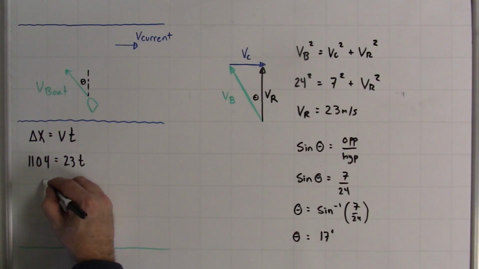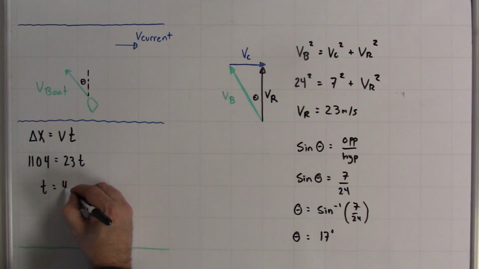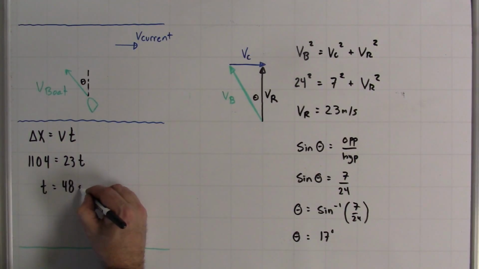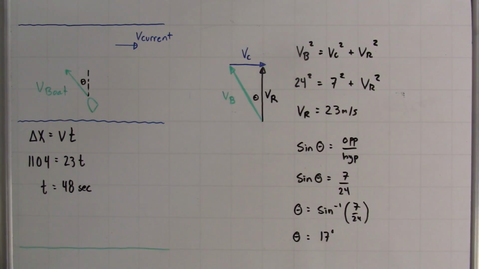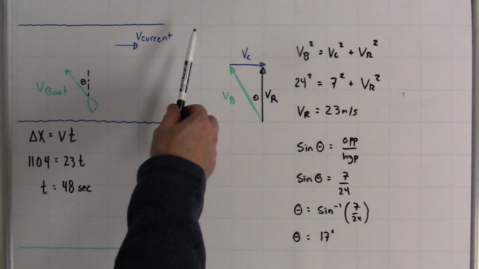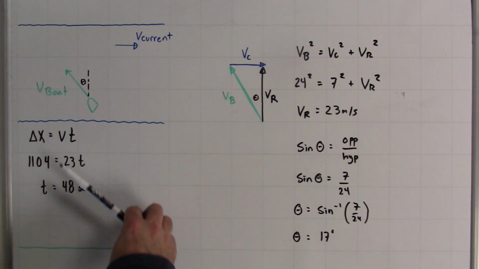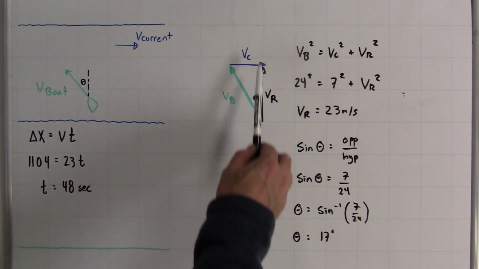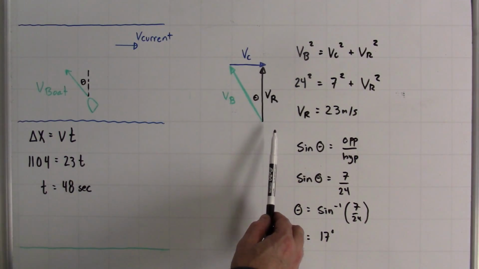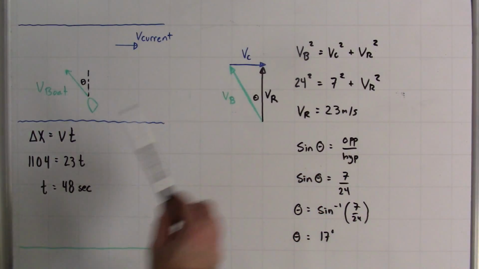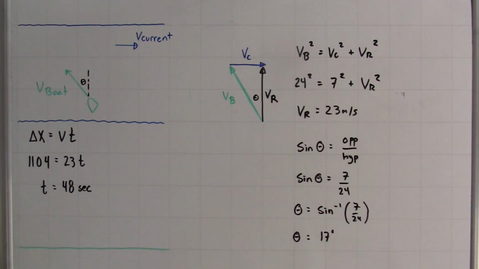Here's the time, and this time the time is equal to 48 seconds. And what you'll notice is that compared to the last one, it took you 46 seconds to get across even though you landed downstream. This time it takes you 48 seconds to get across because your speed in the across direction is actually less. Now it's 23 meters per second as opposed to 24 meters per second the first time.